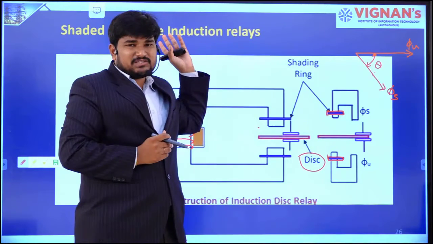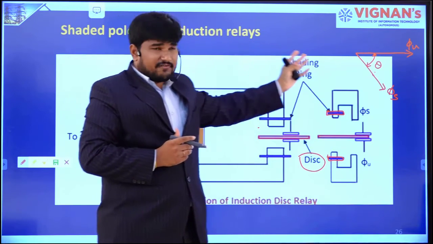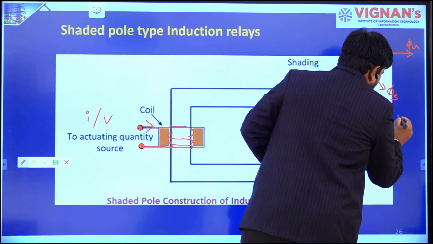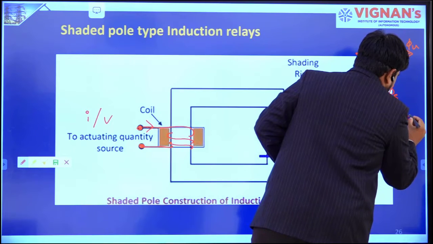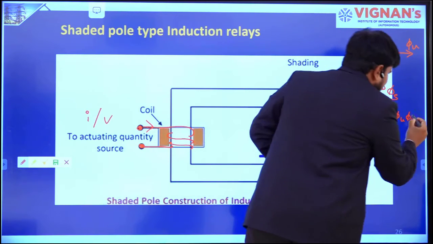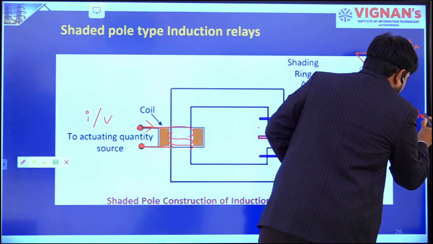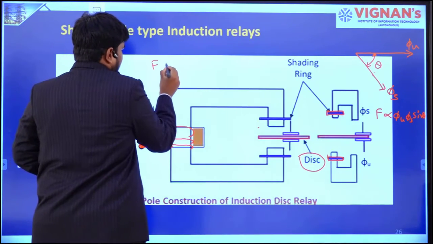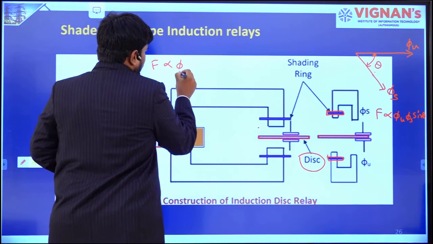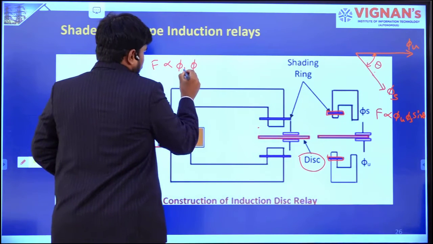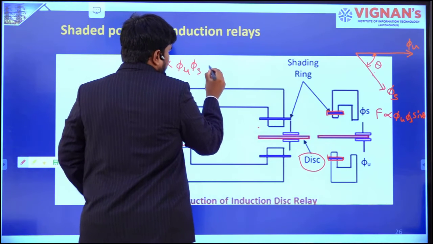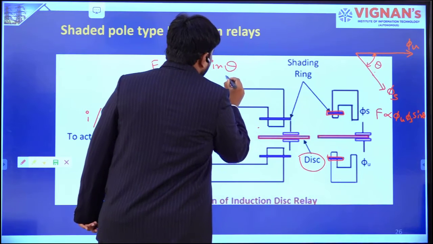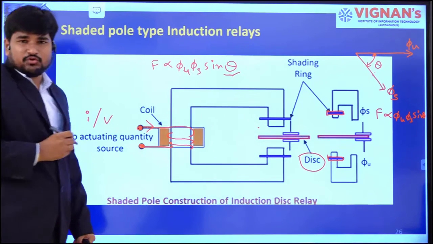Now based on the principle of induction type relays, the force developed is directly proportional to phi u and phi s into sin theta. The force developed is directly proportional to phi u, the unshaded portion flux, and phi s, the shaded portion flux, into sin theta. Theta is the angle between these two fluxes.